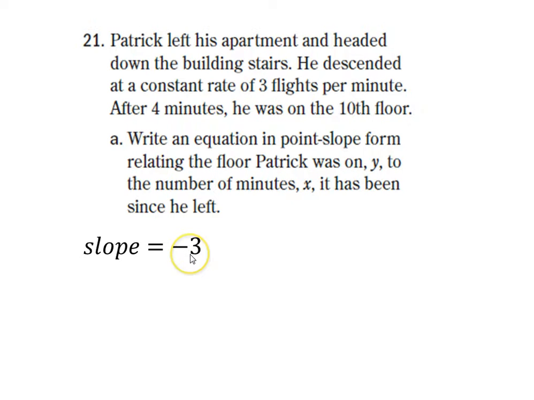The slope is -3 because he's going down the stairs at 3 flights per minute. So the slope here is -3, and one of the points that we're given is (4, 10), because after 4 minutes, he is on the 10th floor. So we are going to write this in point-slope form using this information.